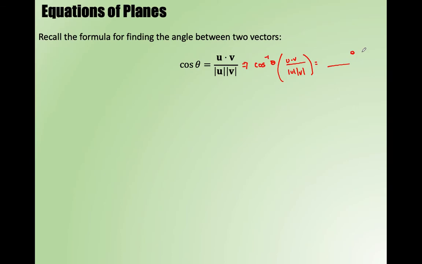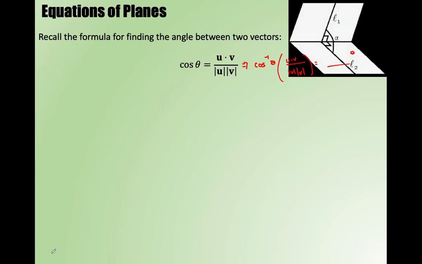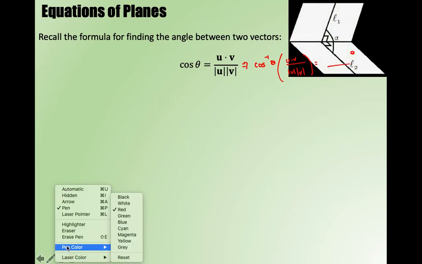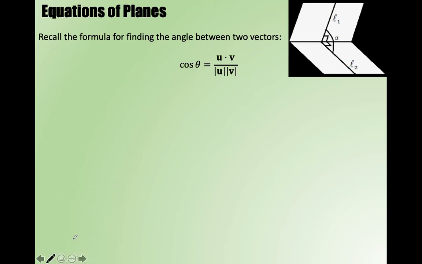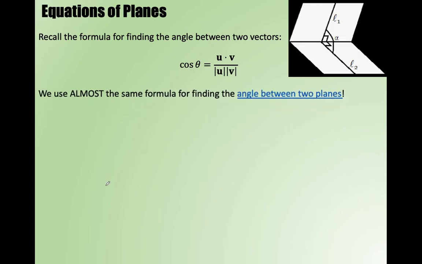So the formula for finding the angle between two vectors is that, but what if I want to find the angle between two planes? So there's like two pieces of paper, almost like a book. But notice the lines that are drawn on each one.